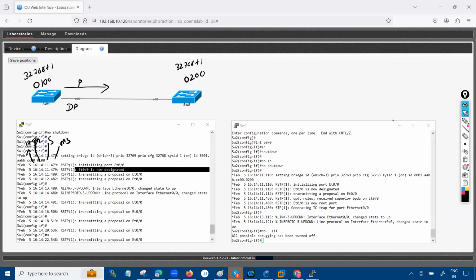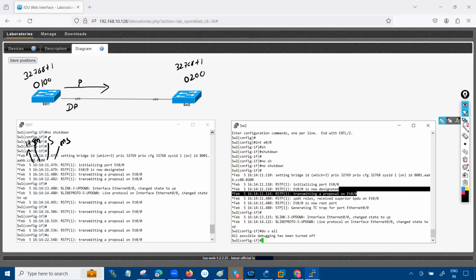In theory, we have seen that once switch 1 sends a proposal, switch 2 will receive it and send the agreement. But practically, it's a little different. When switch 2 brings up this port, this will also go designated, and it sends the proposal from this one. So initially, both will be DP and DP.